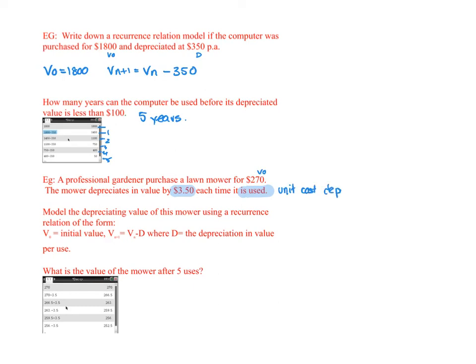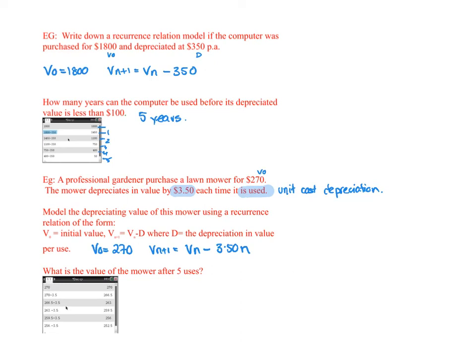Hopefully you start looking for those words. They want you to set up a recurrence model for this. So all we have to do is say V0 was 270, then we write Vn plus 1, and we know what the D is: $3.50, and it'll be times every time we use it, so times n.